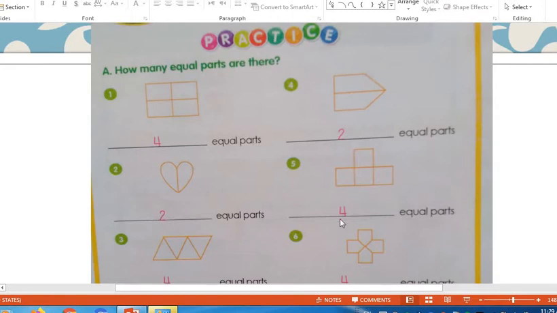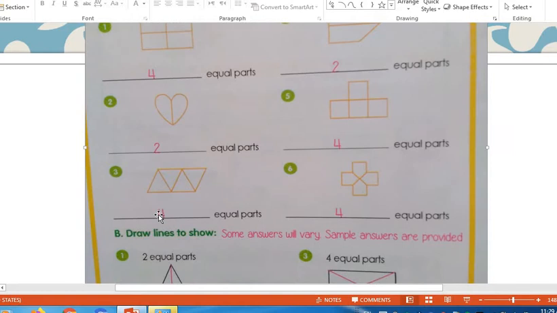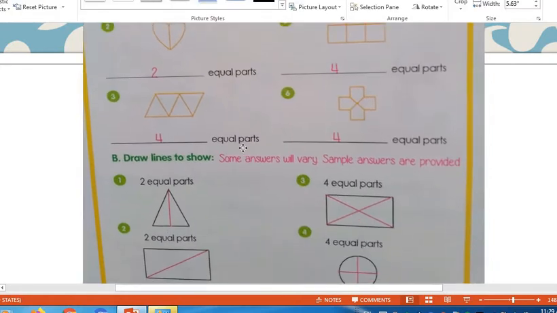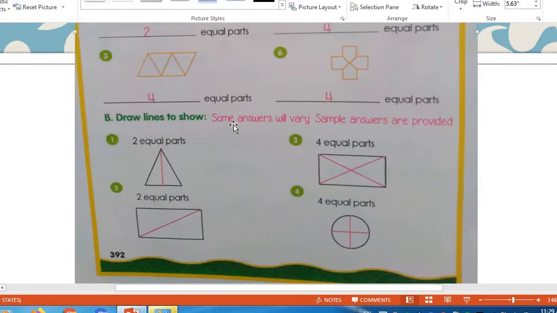So it's divided into 4 equal parts here. And this one, let's count together. It's just counting and recognizing if they are equal parts or not. So 1, 2, 3, 4. 4 equal parts. And here 1, 2, 3 and 4. 4 equal parts. Excellent.